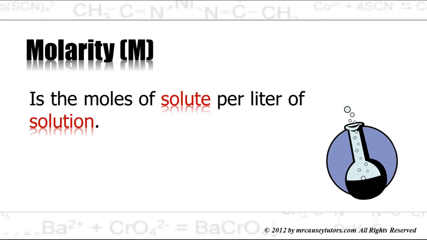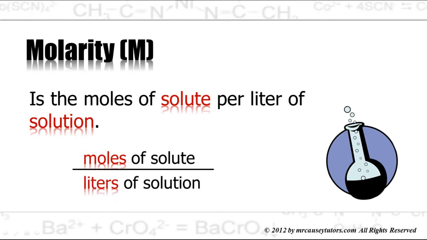So you measure out your solute and then you add the solvent until you have the amount of solution you want. And there are specialized flasks that we use to do that with. So molarity, which is a capital M, is the moles of solute per liters of solution. This gives us a good quantitative way of calculating things.